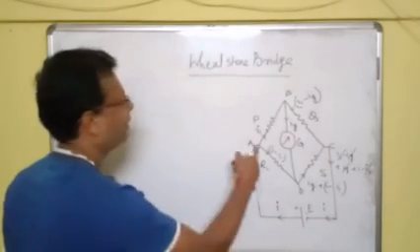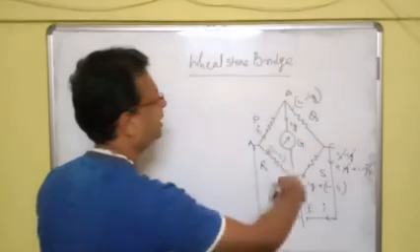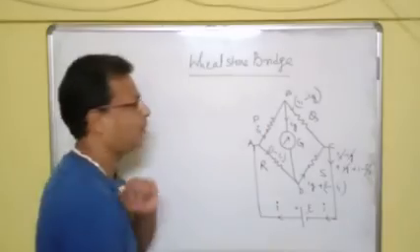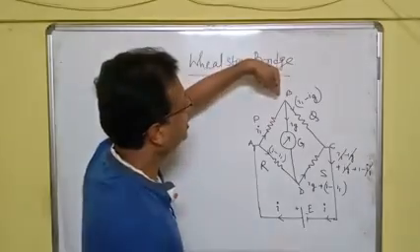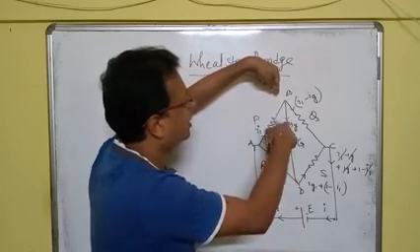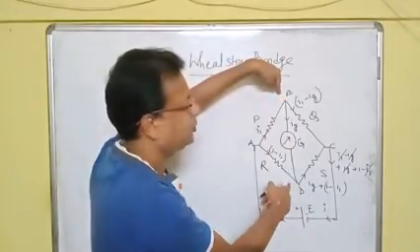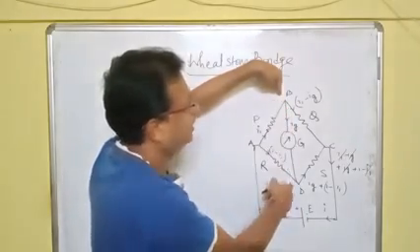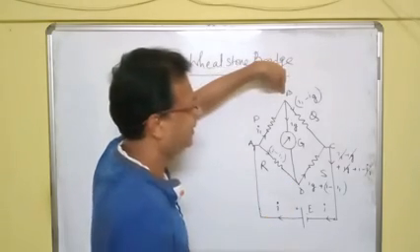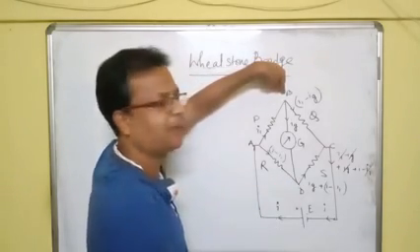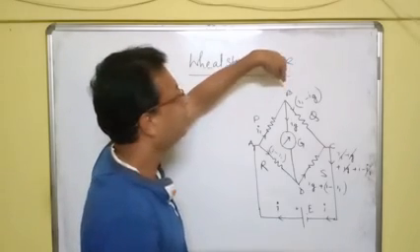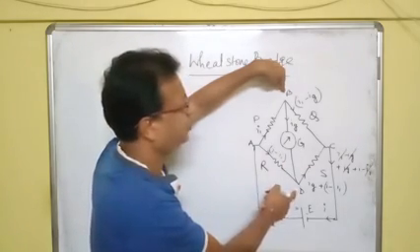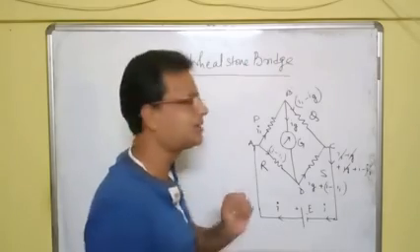Now, we find out the loops here. One thing more I should tell you, that here we have taken Ig, the current to the galvanometer, from B to D. In other words, point B is at high potential with respect to point D. That is the assumption that we have made.